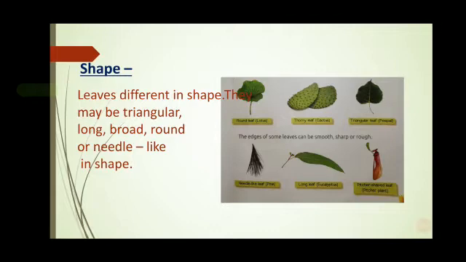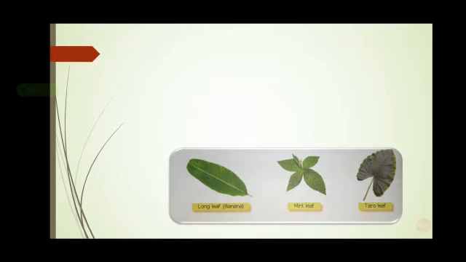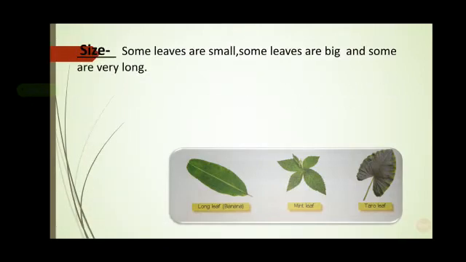They can be round, triangular or needle, broad, etc. The edge of some leaves can be smooth and sharp or rough. So basically we are saying that leaves can be of different shapes.